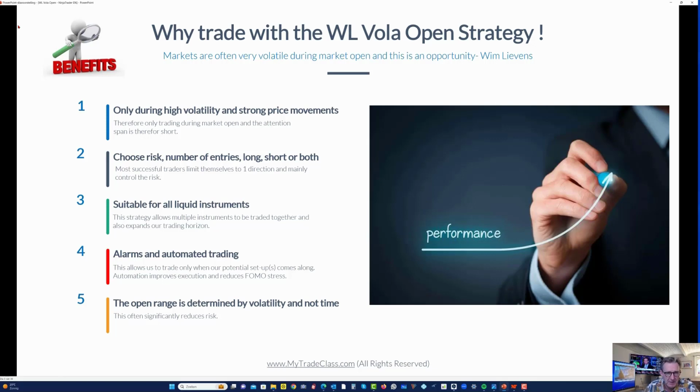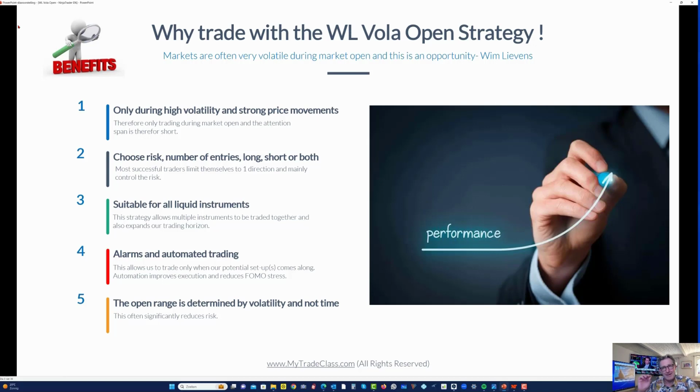The other, of course, is the American futures, the Nasdaq, the Dow, S&P 500. So you can trade those. Whatever moves strongly at the open and is liquid, and many instruments are, this strategy is suitable. Alarms, automated trading, you will see plenty of stuff you can adapt, but in essence, it's pretty straightforward, as you will see.